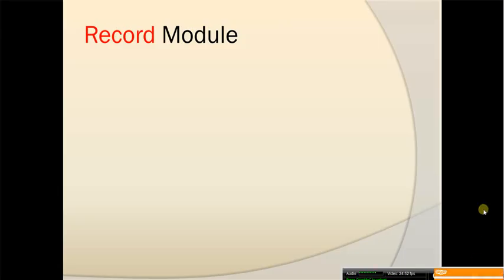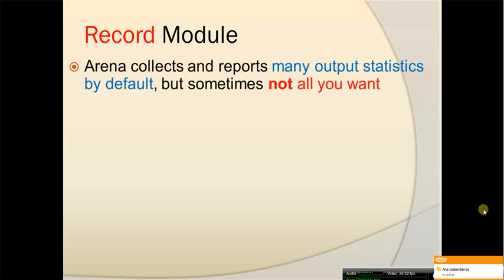So here, the record module is basically the flowchart module that allows us to collect some output information.